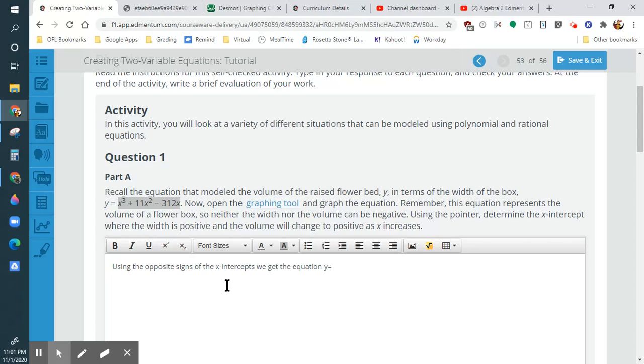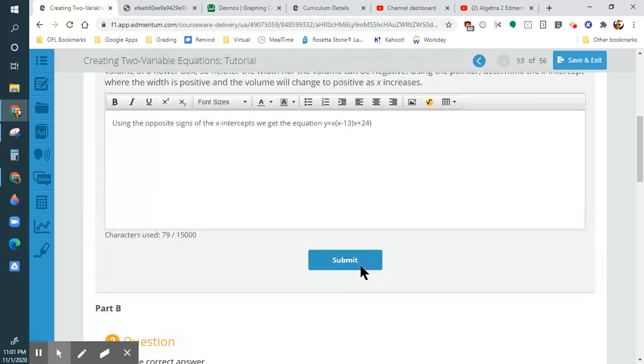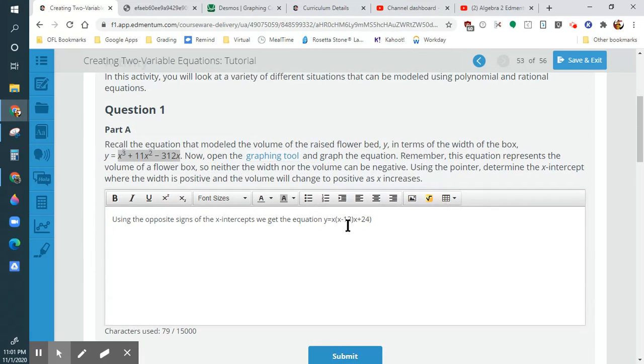Y equals x, x minus 13, x plus 24. What is this asking? Use a pointer to find the x-intercept. So this is positive, increases. Okay, cool.